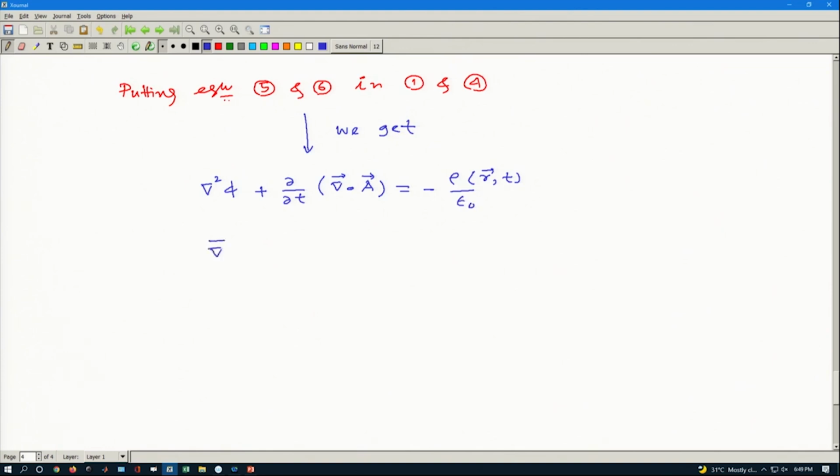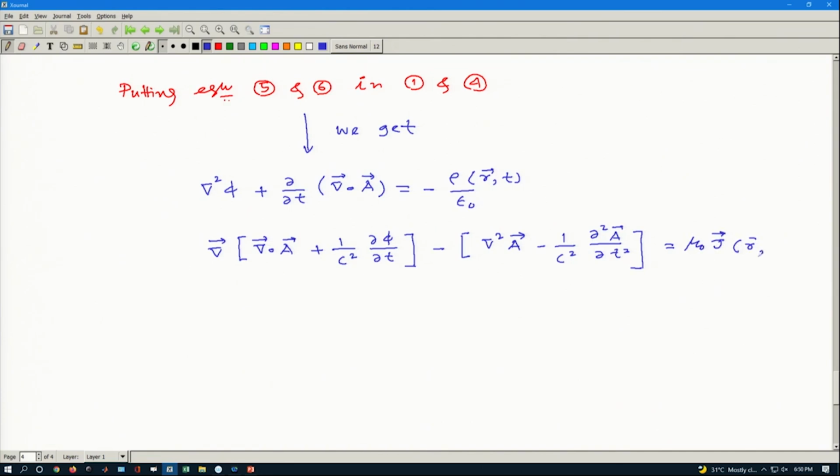And another equation: gradient of divergence of A plus 1 by c square d phi dt, bracket close, minus Laplacian of A minus 1 by c square del 2 A del t square, is equal to minus mu naught J(r, t).